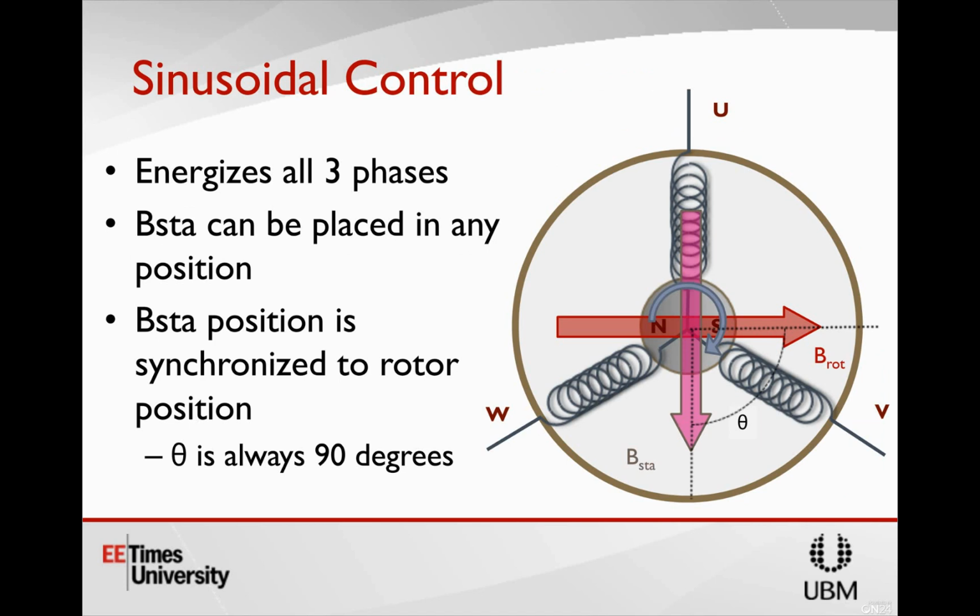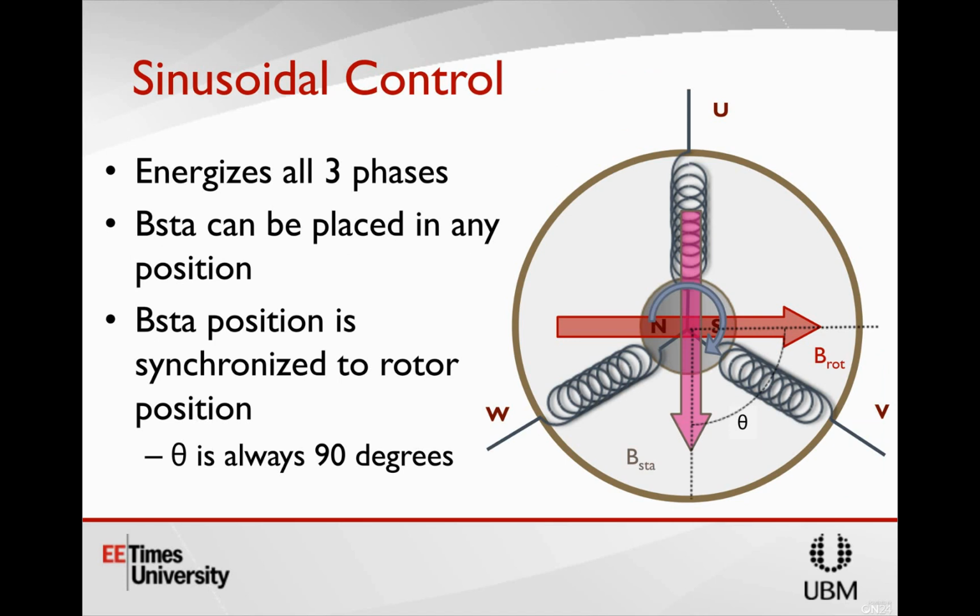In this example, let's imagine we pick our stator field to be exactly where this pink arrow is. If we hold our motor in this position, the rotor is going to rotate such that those magnetic fields are aligned, because that's what it wants to do. And then at that point, we can begin manually advancing the field.